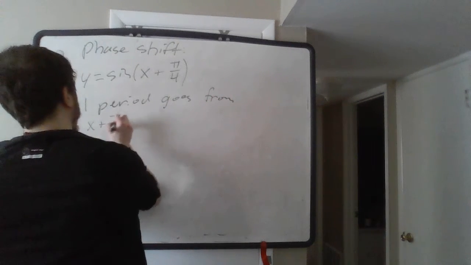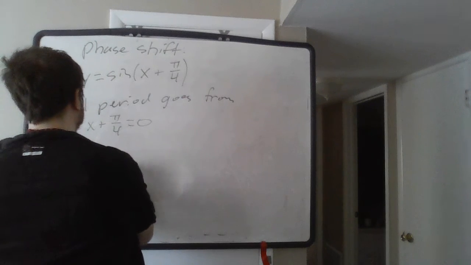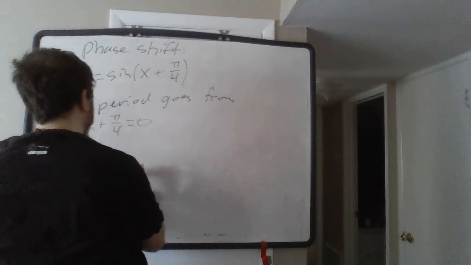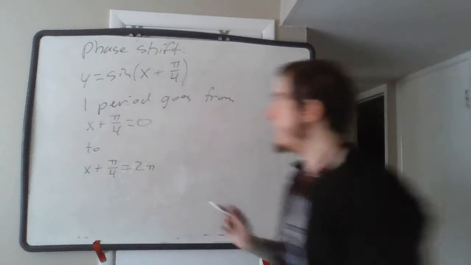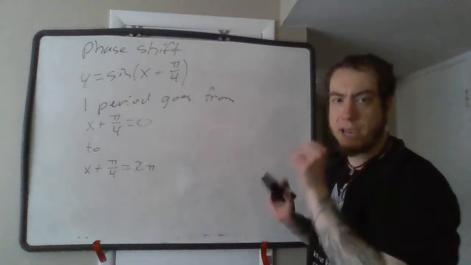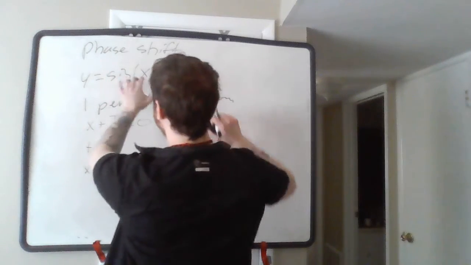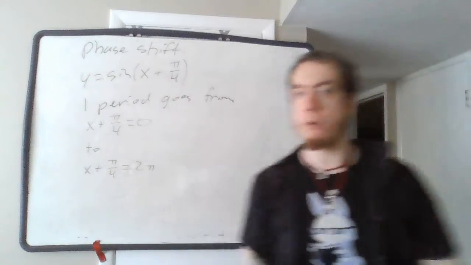is going to go from x plus pi over 4 equals 0 to x plus pi over 4 equals 2 pi. Because sine goes from 0 to 2 pi in one period. And so what we're interested in is not when the variable hits 0 and 2 pi.